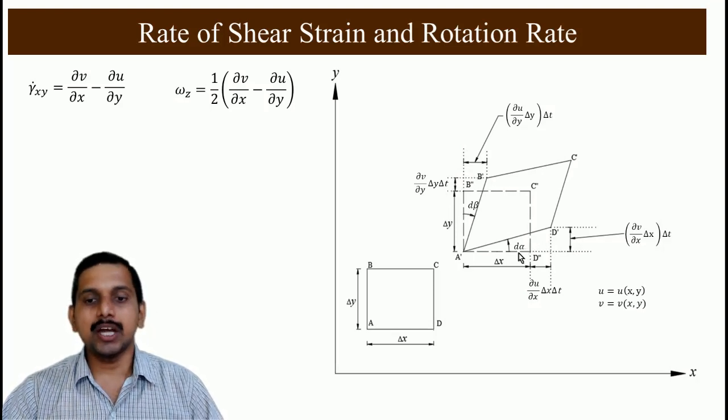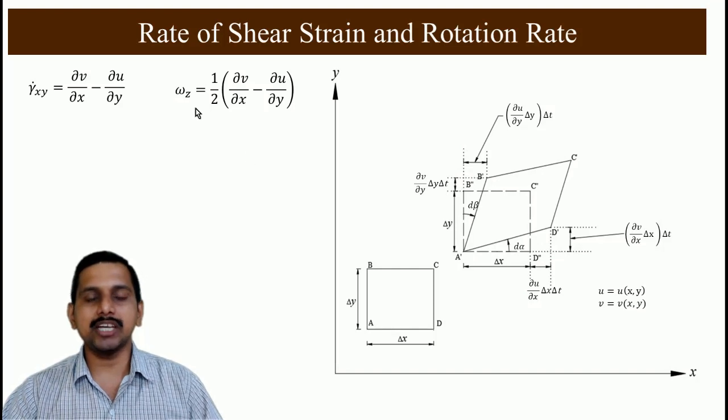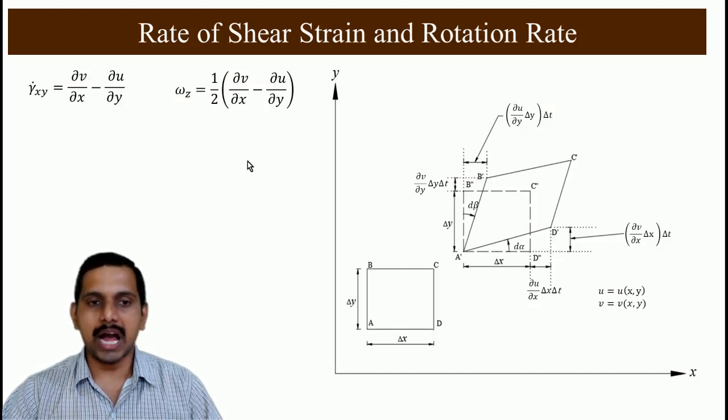If dα is in the anti-clockwise direction and dβ is in the clockwise direction, dβ will be negative and dα will be positive, and when we take the average we get omega z, which is equal to half into (∂v/∂x minus ∂u/∂y).